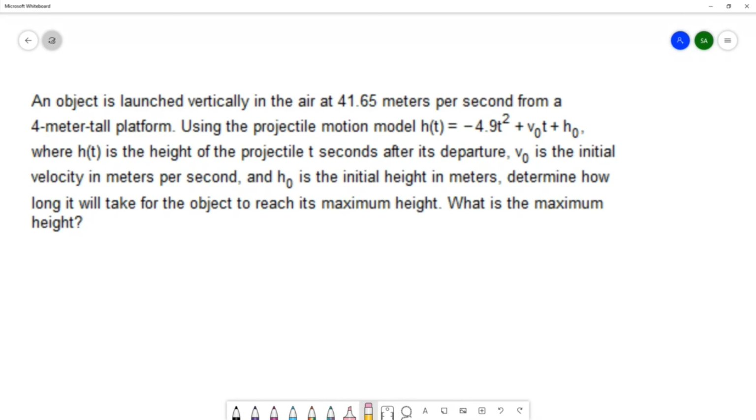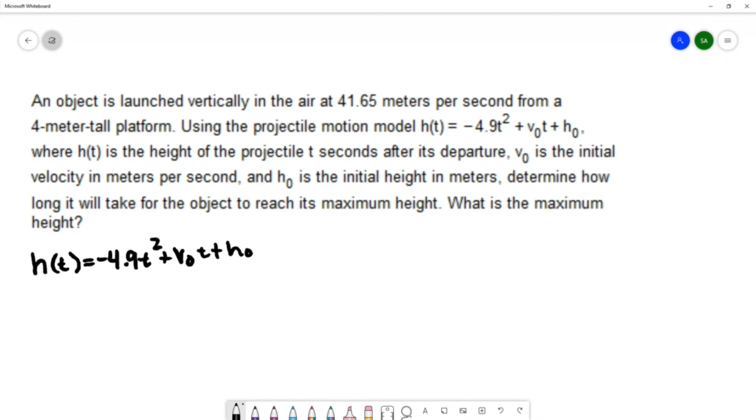So in this example, we're given this function that you may or may not be familiar with. H of t equals negative 4.9 t squared plus v naught t plus h naught.